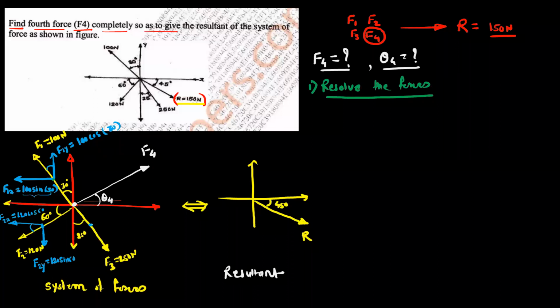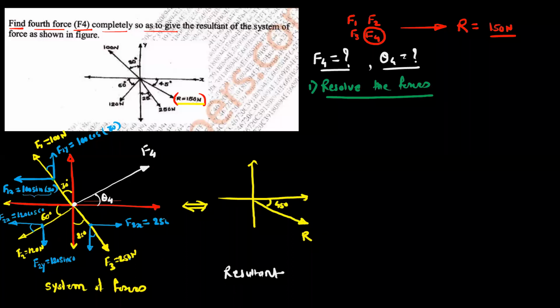Then F3. This is F3x and this is F3y. Now this 25 degree angle is with respect to the y-axis. So F3x will be the opposite component to the angle of 25 degrees, so this is the sine component.